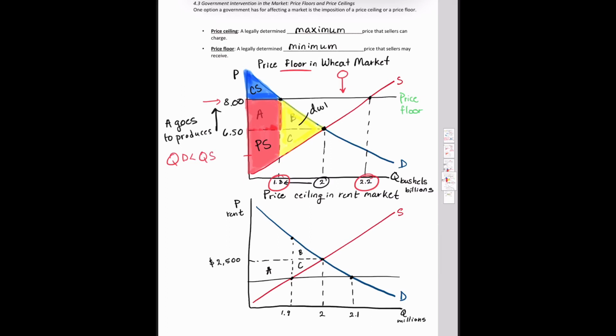So we see a surplus in the market as well. So not only do we see an increase in producer surplus and a decrease in consumer surplus, we see a surplus in the market itself because quantity demanded will be less than quantity supplied.